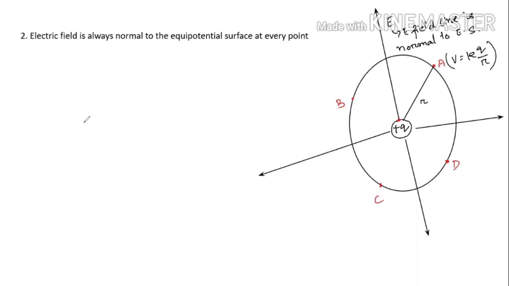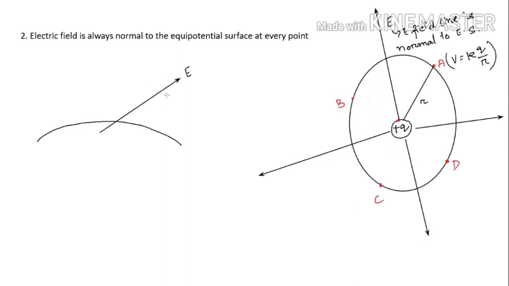Okay, so let's just assume that this is my equipotential surface, and this electric field is now not normal. Instead, it is inclined at a certain angle. Since it is inclined, we had studied in class 11 how to resolve a vector. That same process we will perform here.